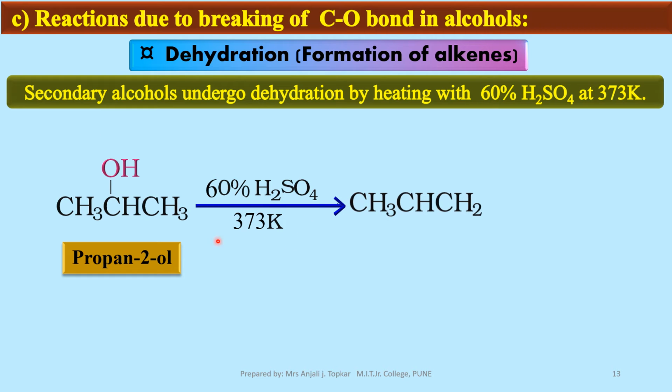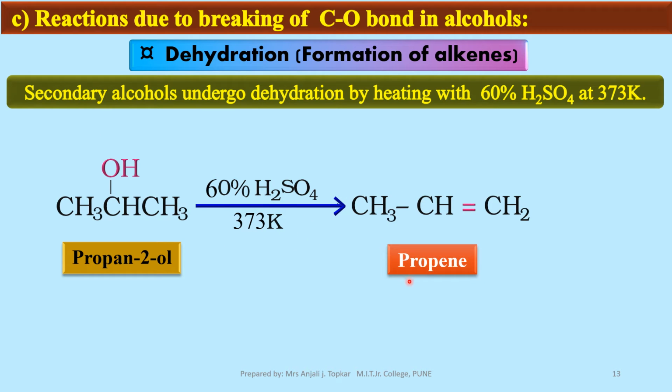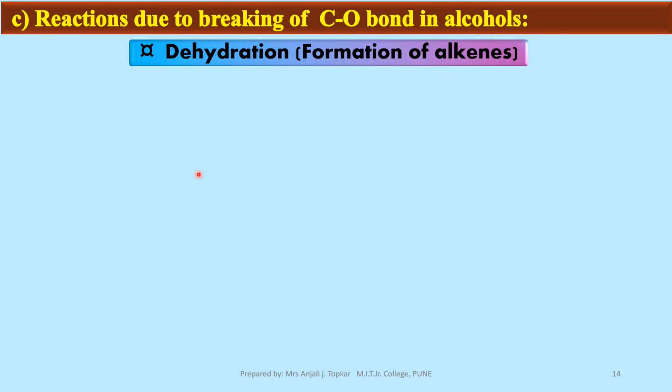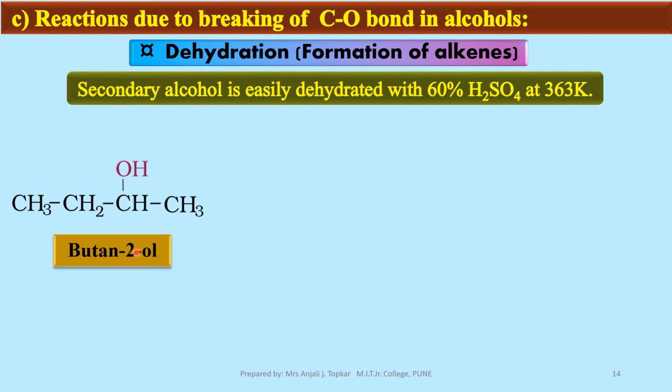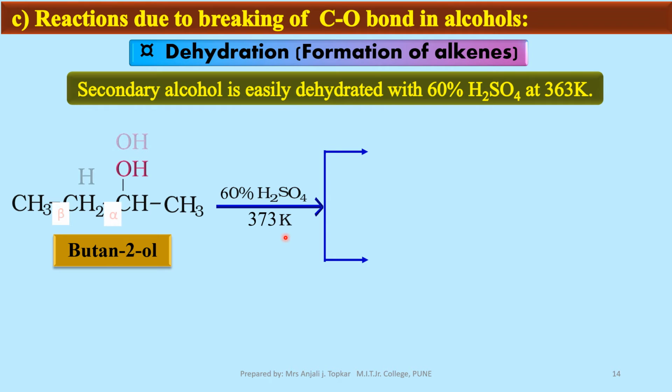A water molecule is removed and formation of propene takes place. Similarly, when we talk about the dehydration of butan-2-ol, with 60% H2SO4 at 373 Kelvin, we find a water molecule is removed.